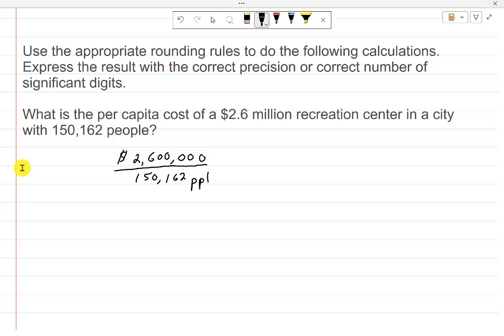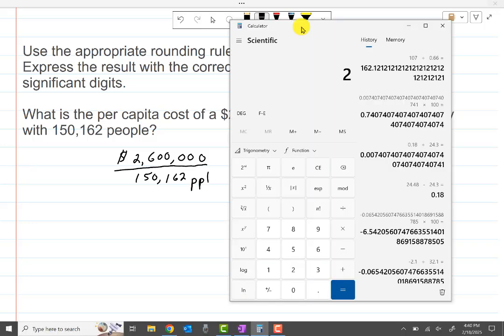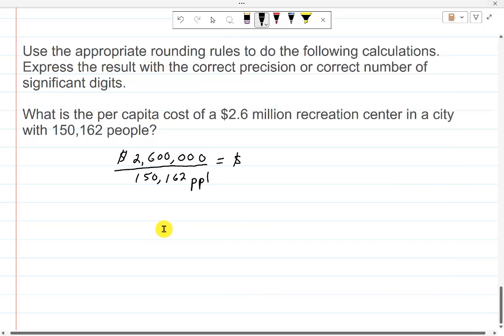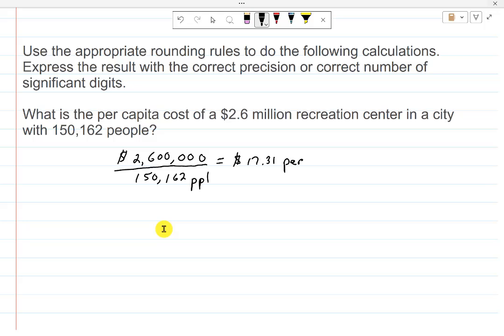Let's call them PPL. 2,600,000 divided by 150,162. 17.31, let's say. That's per person.